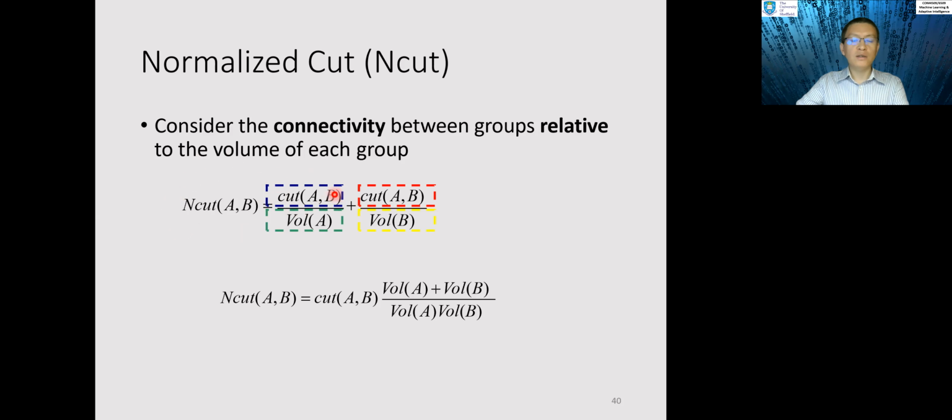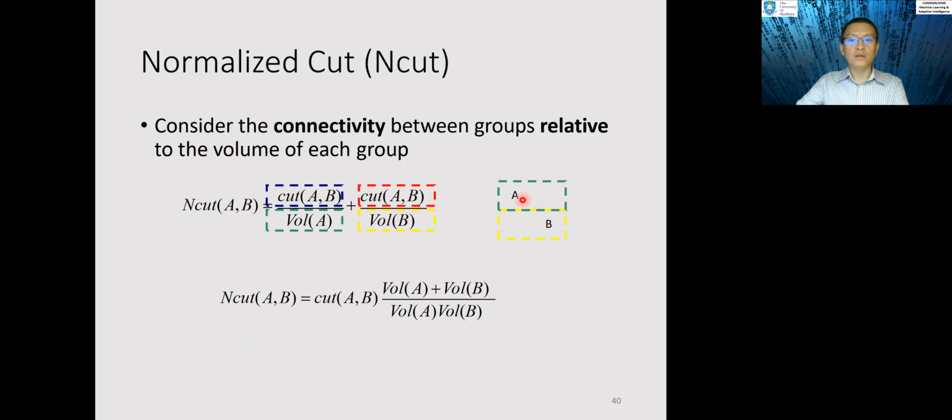You can see the cut is divided by the volume of set A and set B. The cut AB is the same, so you can take it out and rearrange into this definition of normalized cut. And here is the illustration.